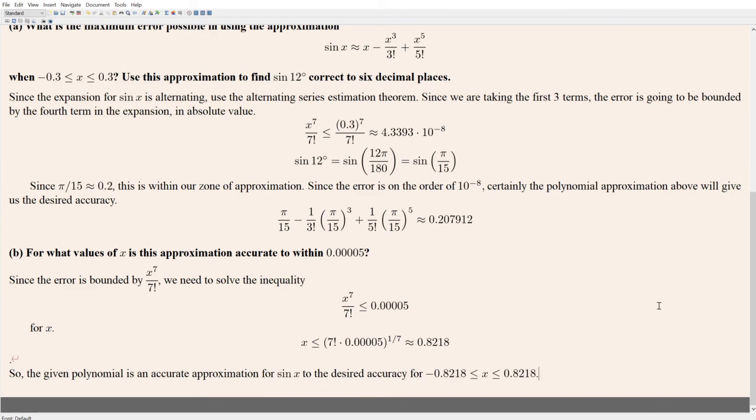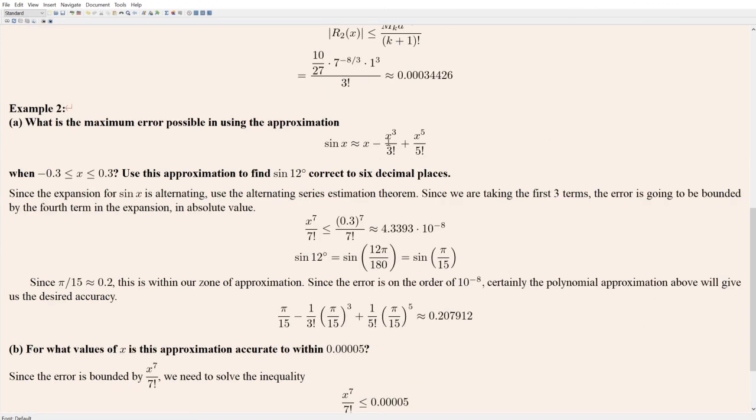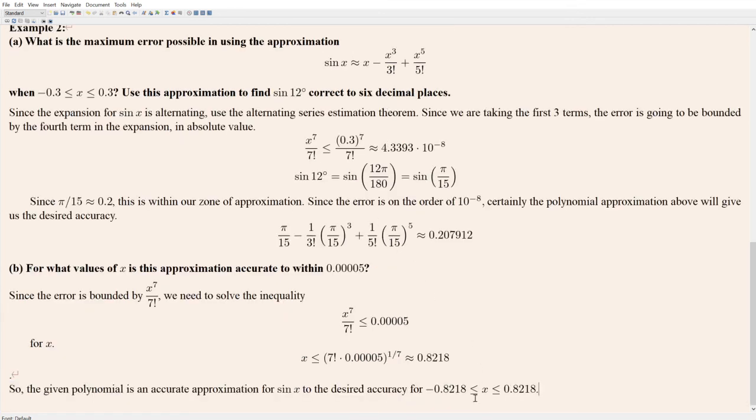And again, that's because this is an odd function. So whether you're in the positive range or the negative range, the picture is exactly the same. It's just a reflection. So it's not a big deal.